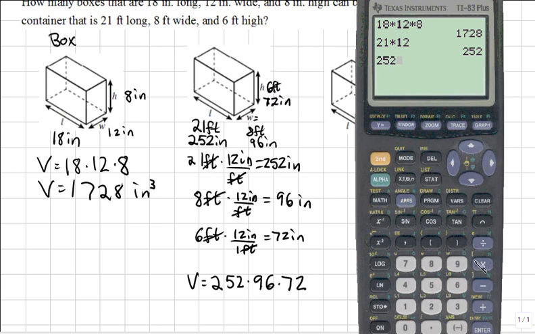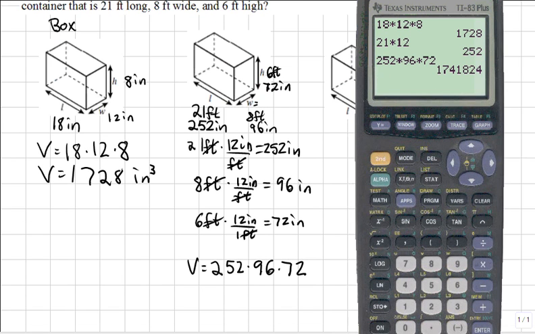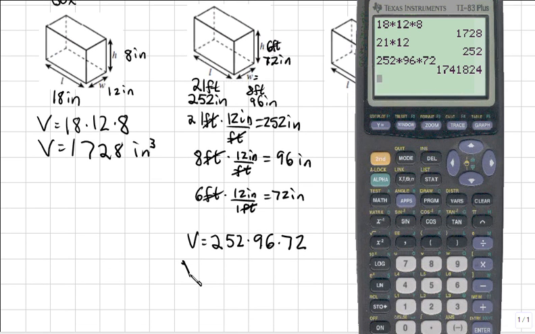Multiplying these, this results in 1,741,824 cubic inches. So we can contain this much volume in our container, but each box is 1,728 cubic inches.